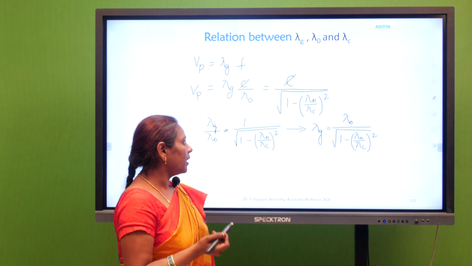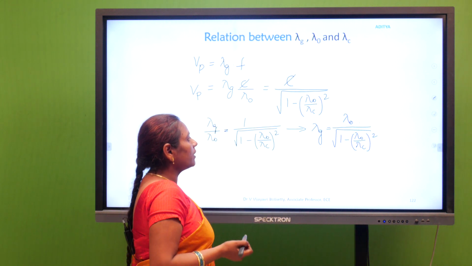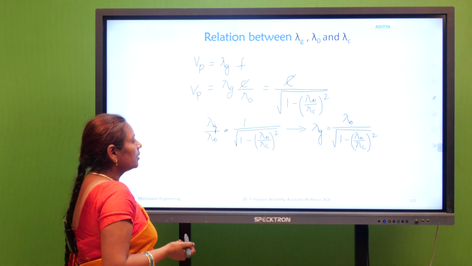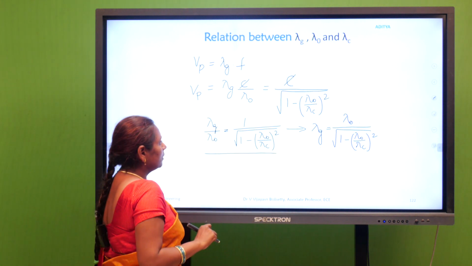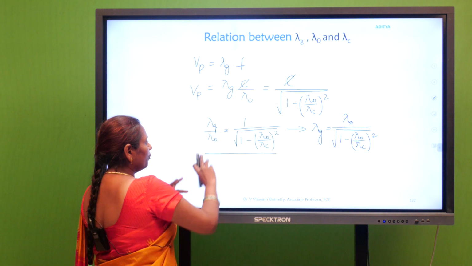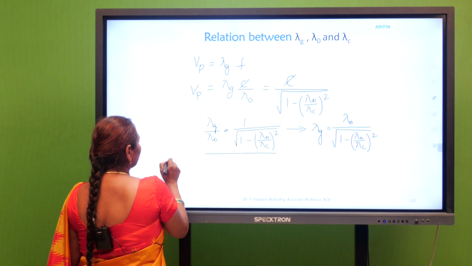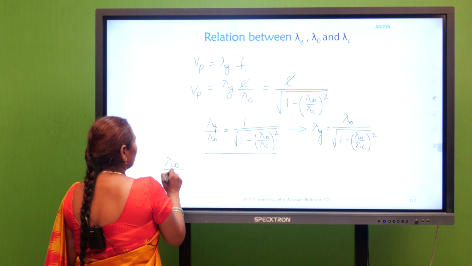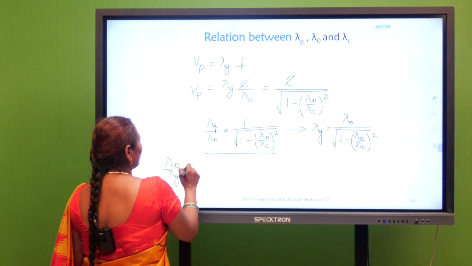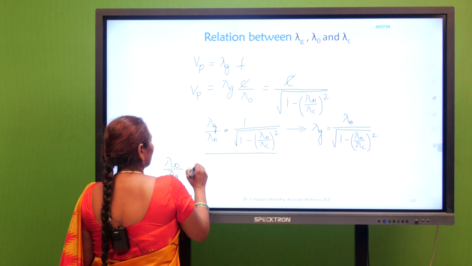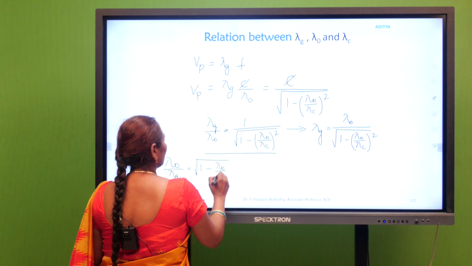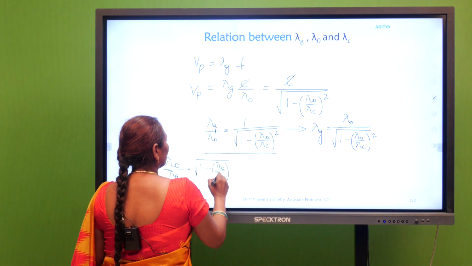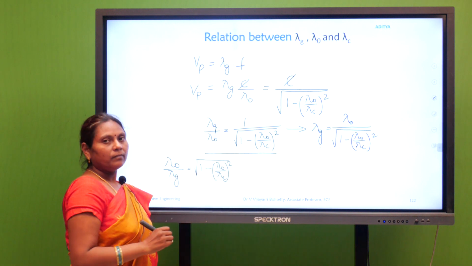We can also get one more relation. Let us take this equation and invert it, so that we get lambda naught by lambda g equal to root 1 minus lambda naught by lambda c whole square.